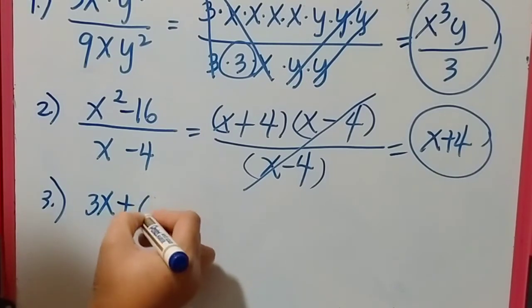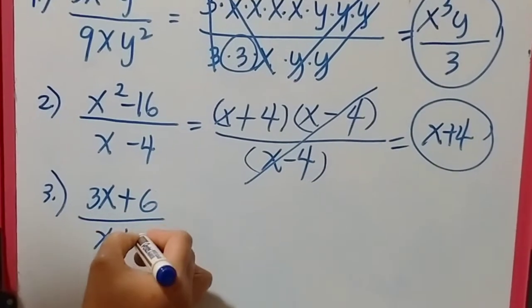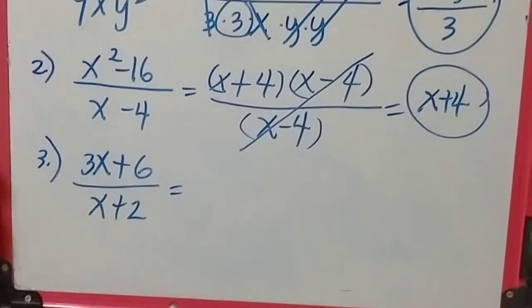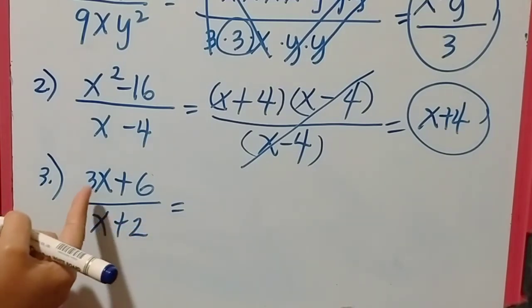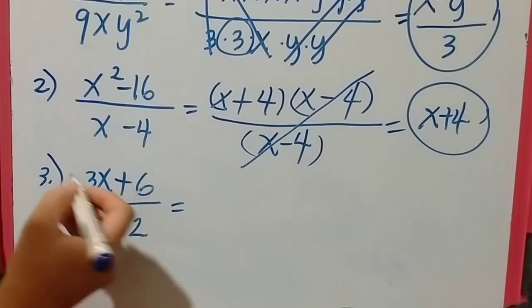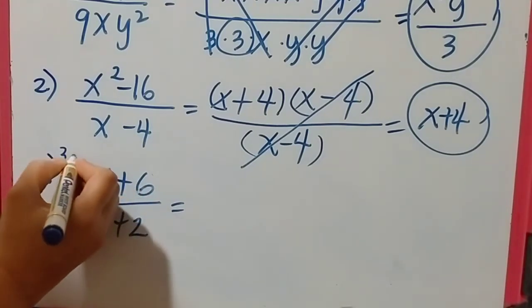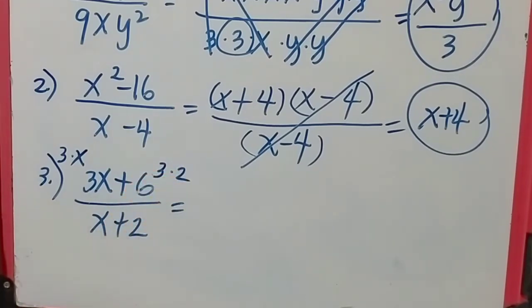3x plus 6 all over x plus 2. Okay, so we're going to factor the numerator using the common monomial factor. Remember, 3x here can be written as 3 times x, and this 6 can be written as 3 times 2.